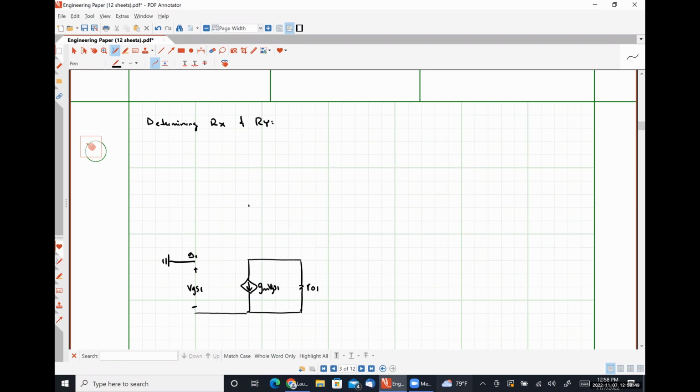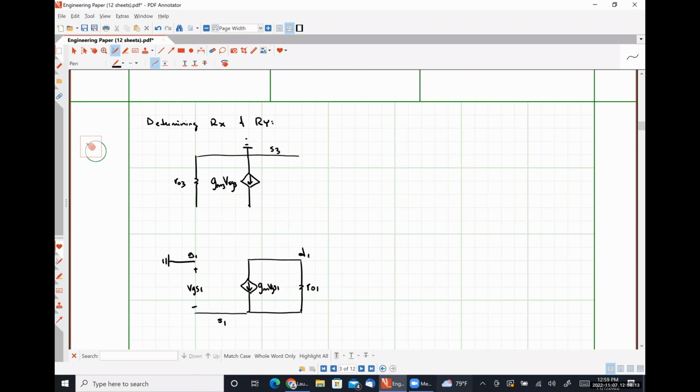Up here, I'm going to put transistor M3's small signal model. So here's GM3, VSG3 in parallel with RO3. This is my source of 3. This is my source of 1.